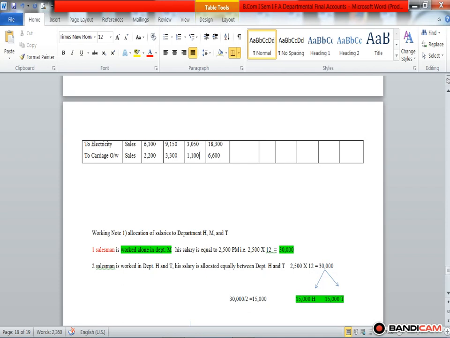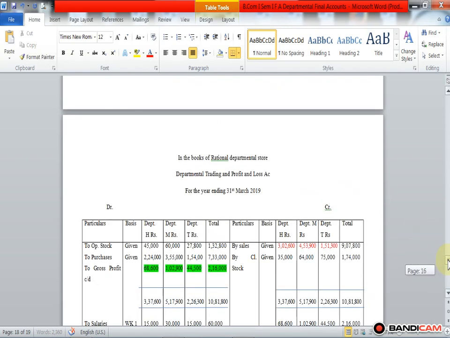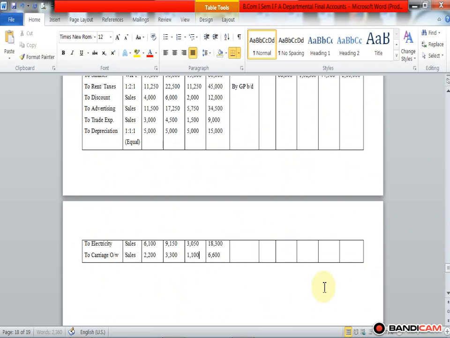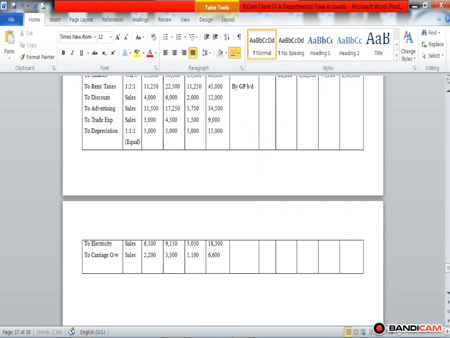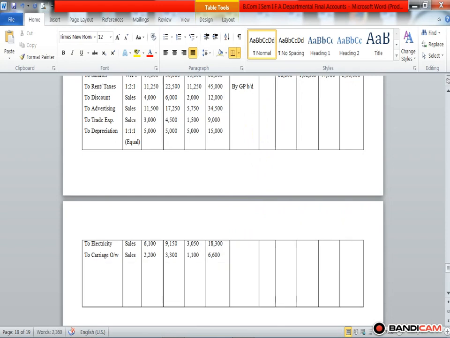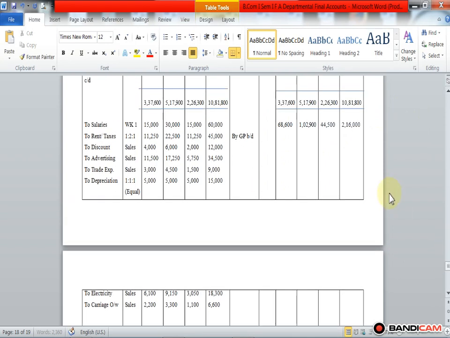Here we transferred or allocated all the expenses to each department. Now we make the total and find the net profit or net loss of the departmental store. So make the total of credit side: 68,600, 1,02,900, 44,500, total 2,16,000.